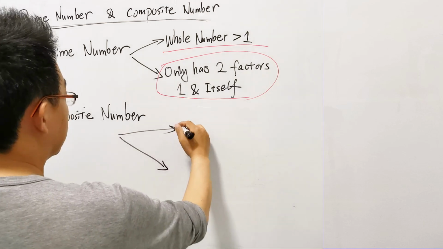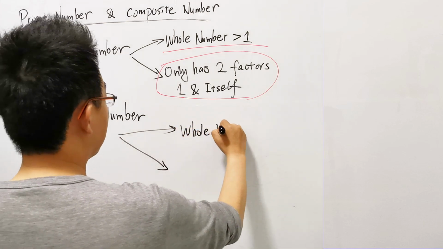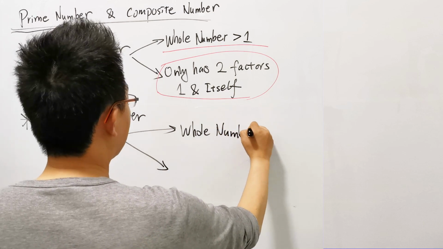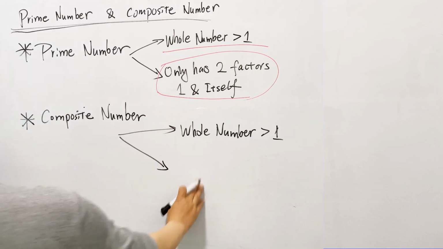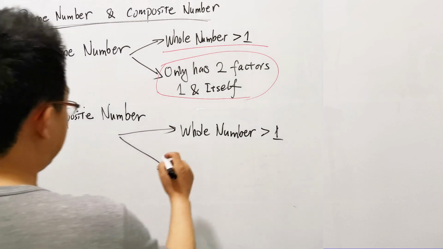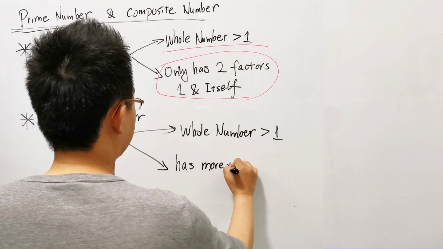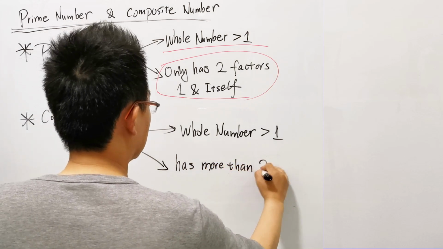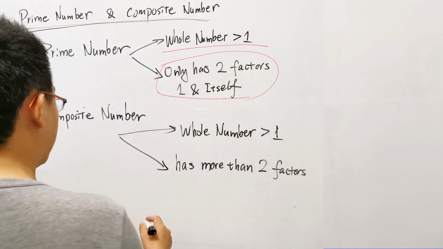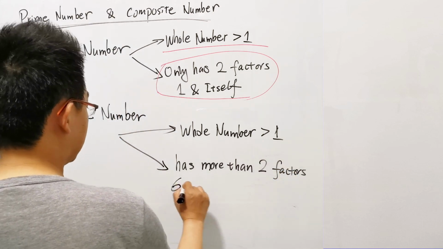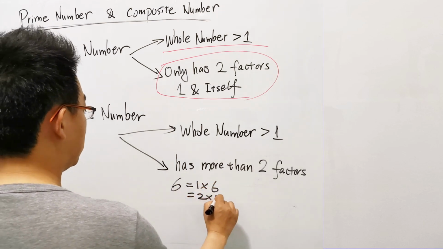First, it is a whole number, and of course this must be a whole number greater than 1. And it also has more than 2 factors. Just now we gave the example of 6, with 1 times 6 and 2 times 3.